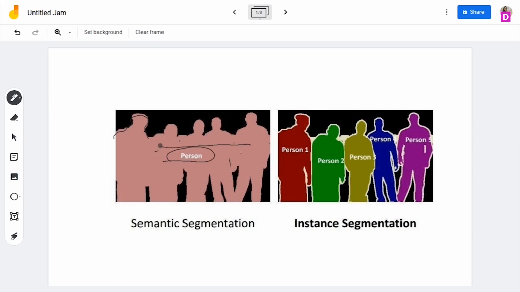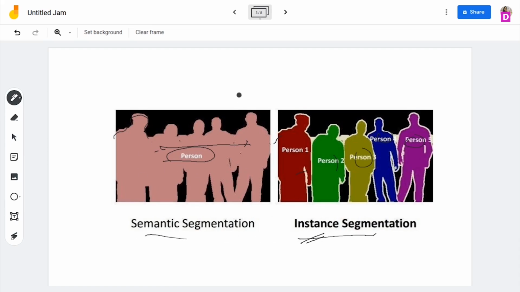Or it can identify each and every person individually: this is one person, this is the second person, the third, fourth, and fifth person, right? So instance segmentation gives out each instance in the class itself. Okay, this is a person class, the whole thing is a person class, but even then it is giving out each instance of the class. And semantic segmentation groups all of them together as one. So this is the basic difference.